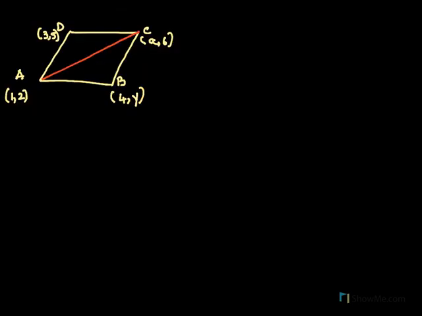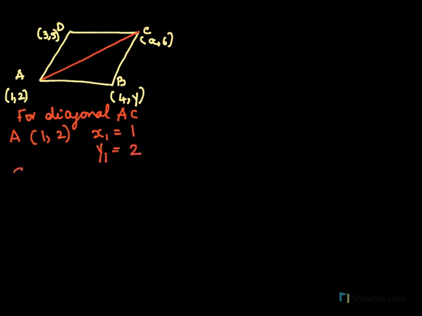We'll now continue from earlier. So we were doing the diagonal AC, and we know A was (1, 2), which means x1 is 1, y1 is 2, and the coordinates of C were (x, 6), so x2 is x and y2 is 6.